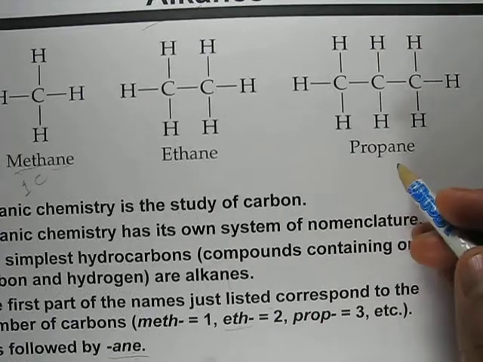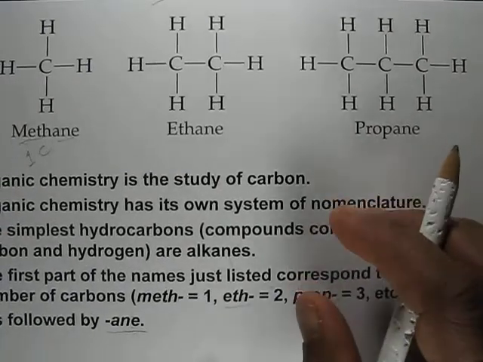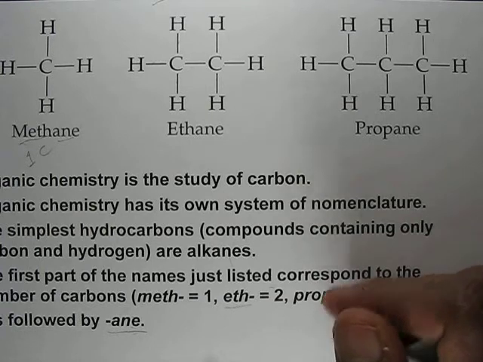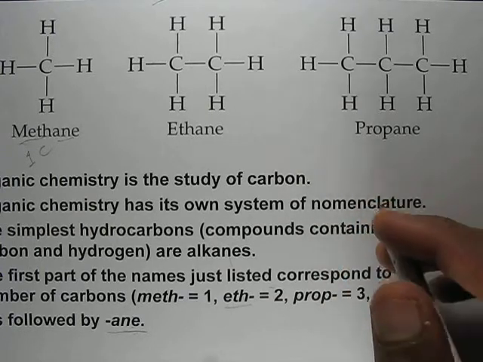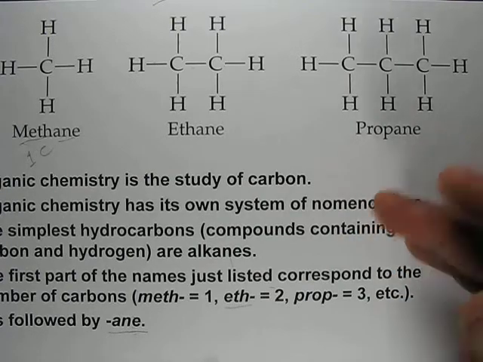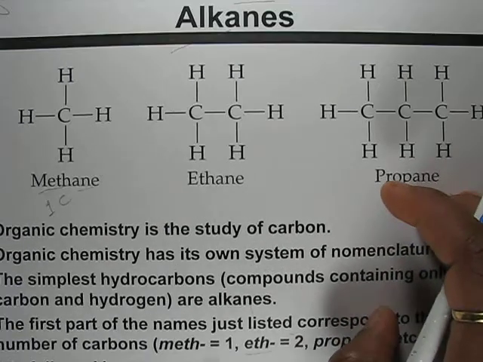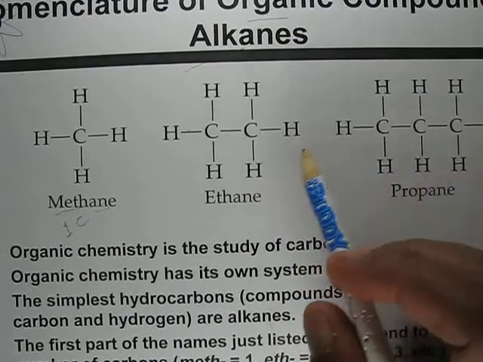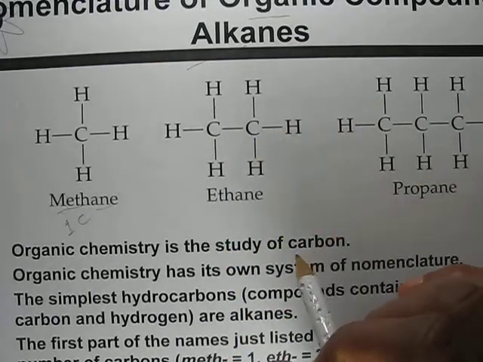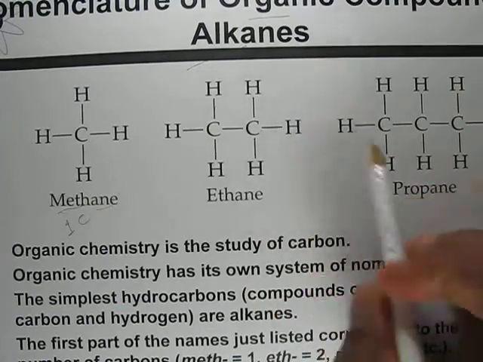If it has 4 carbons, it's called butane, not tetra. And if it is 5 carbons, it's called pentane. Hexane, heptane, nonane. So the group of carbon and hydrogen compounds is called alkane. The general name is alkane.